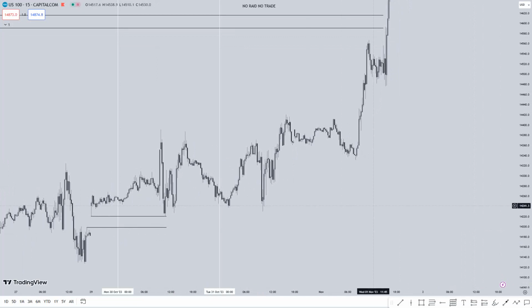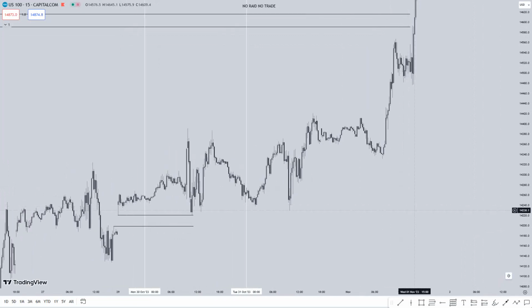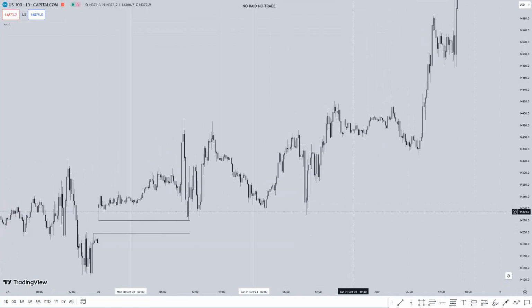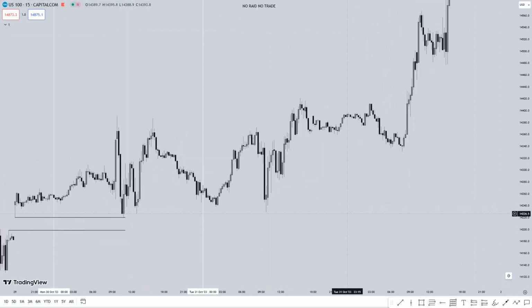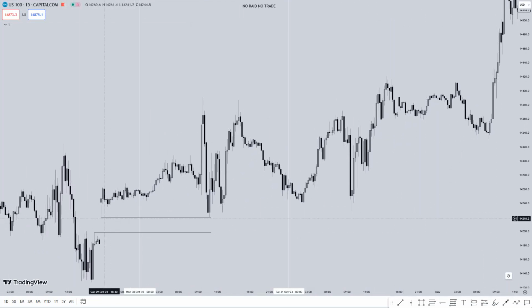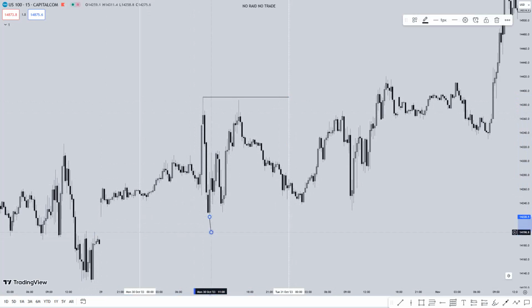On the 15-minute, what reference point can we use for liquidity pools? Let's just mark Monday's high out. Let's just move this to the side. So we have Monday's high, which we can use as a liquidity pool, and Monday's low, which we can also use as a liquidity pool.